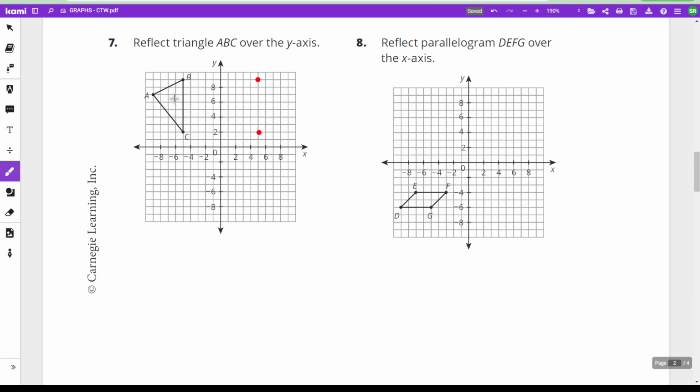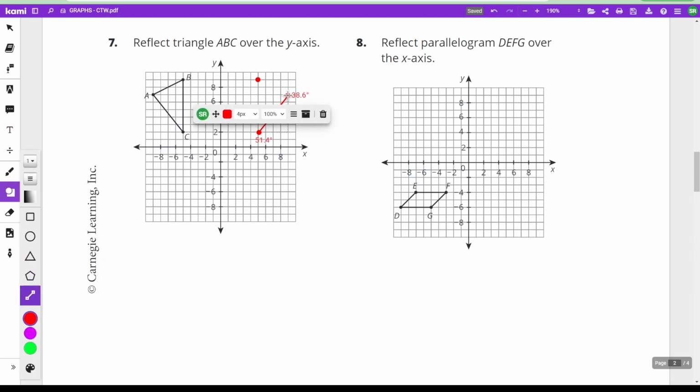Same thing with C, and same thing with A. And so now we just connect those points. And we reflected ABC over the y-axis, using the knowledge that 2 points that are reflections of each other are the same distance to the line of reflection, right? A is negative 9 units away, so A prime is 9 units away.